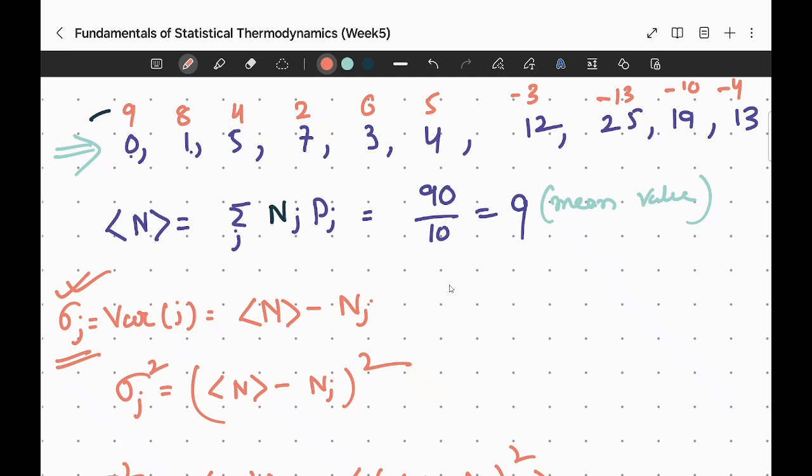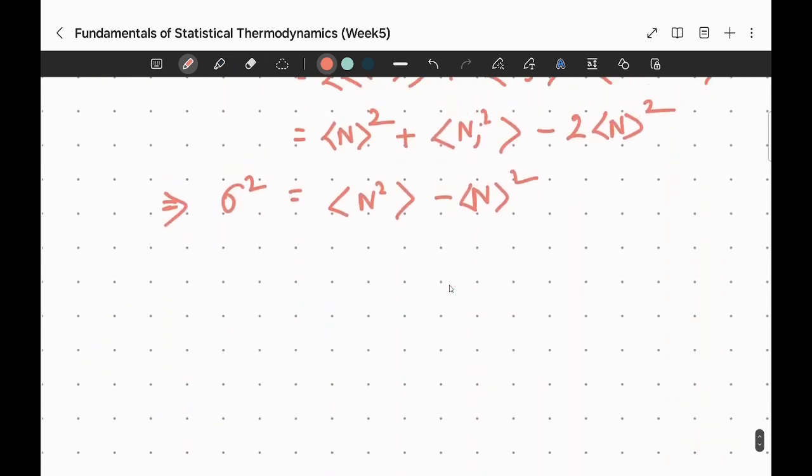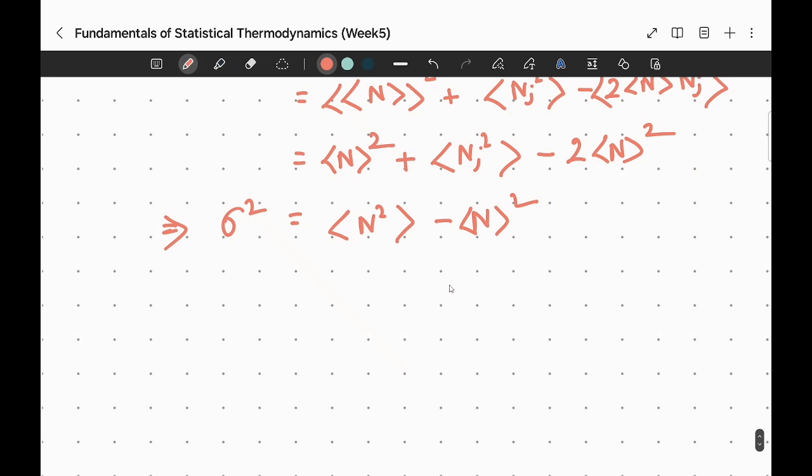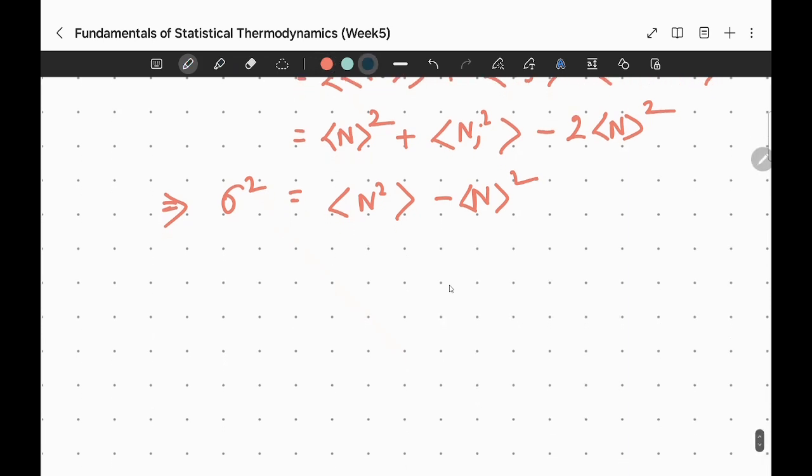Fluctuation means the deviation from the mean value. Sigma is the standard deviation, and sigma squared is the fluctuation. So sigma will be just the root of this, the same thing. This essentially signifies the fluctuation.